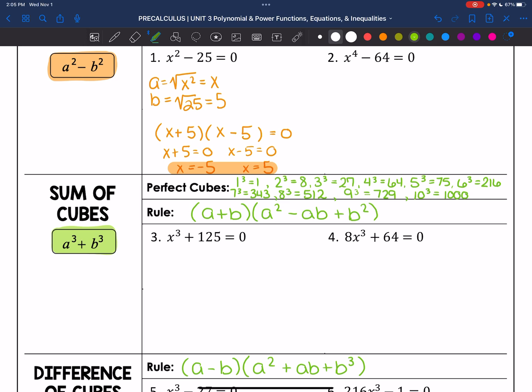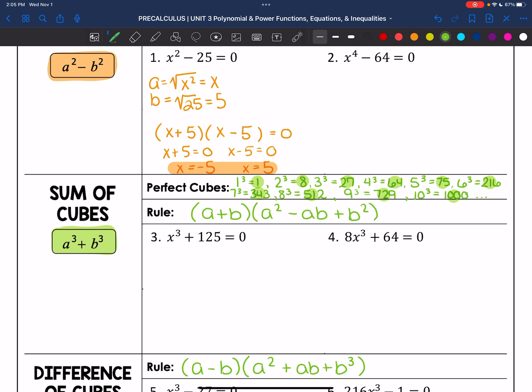Well, what do I mean by cubes? I mean that they are values that are the result of cubing, like all these that I have listed here. These are just the first 10. Of course, this list does go on, but we want to be aware of those first 10.